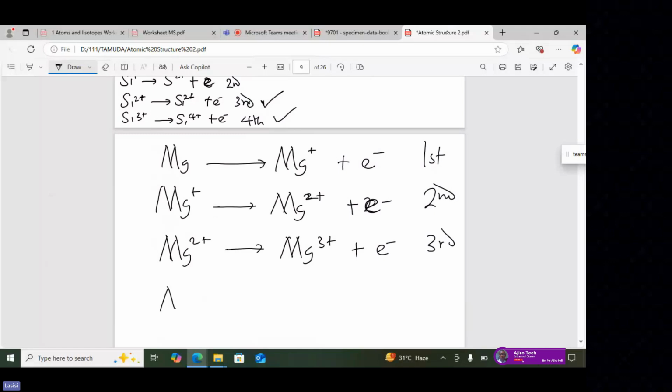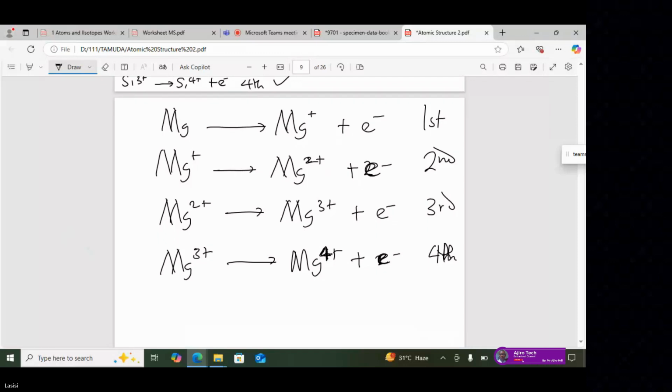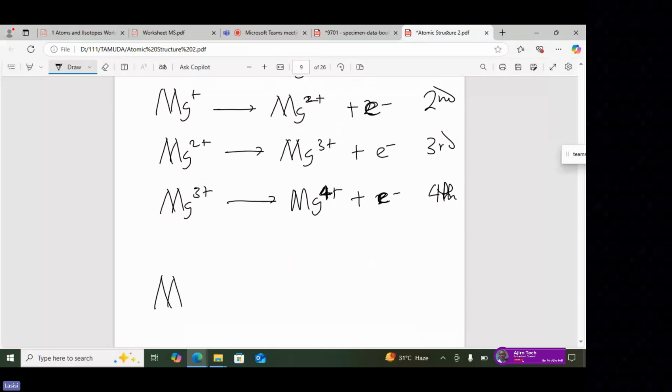And fourth. Is that okay? Yes. First, second, third, fourth. Is that okay? Yes, sir. If I now do this, which ionization energy is this?